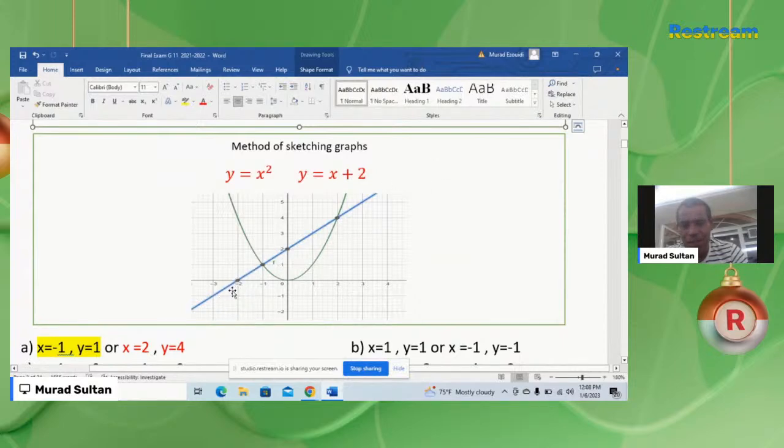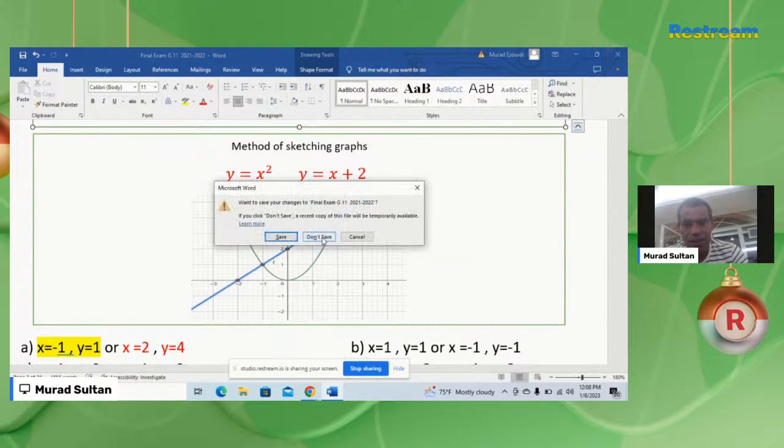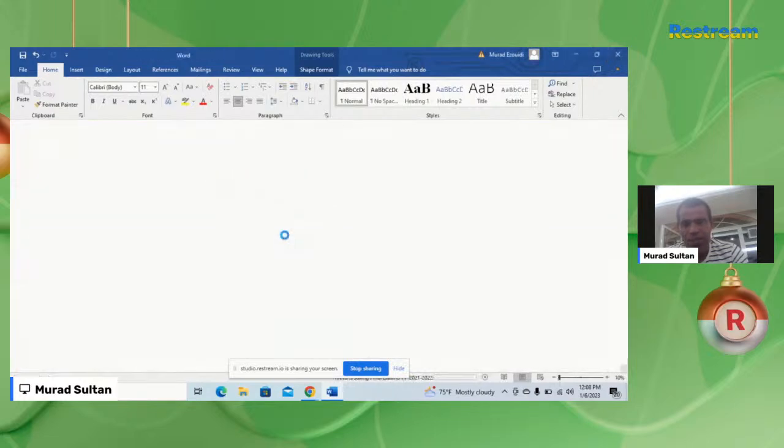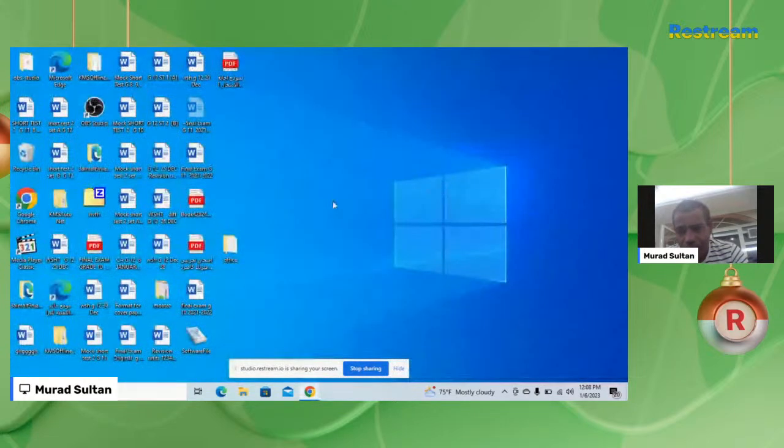You can see this is minus 2, and this one is y equal 2 and y equal 4. Then what else? I'll just continue this one. Save, of course, save here. I'll just now go to the next part, which is very important for you also.